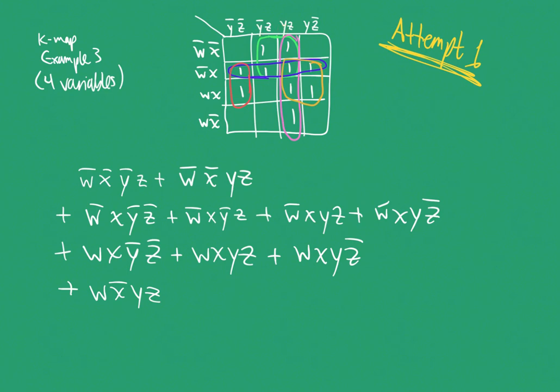So we don't have any x or any y in this min term. We just have w bar and z. Pink, we said, is just yz.